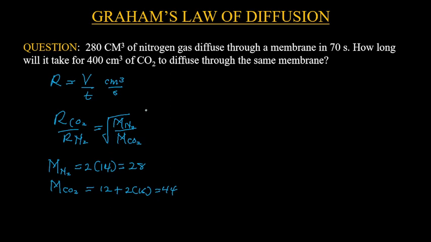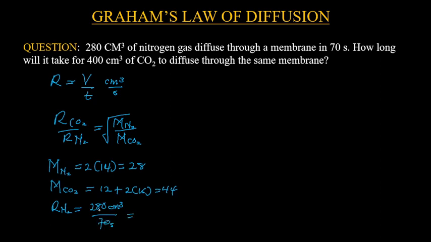Now we are trying to find the rate of diffusion of carbon dioxide gas. We know the volume of nitrogen and we know the time, so we can find R of N2, which is equal to the volume, 280 cm cube, divided by 70 seconds.